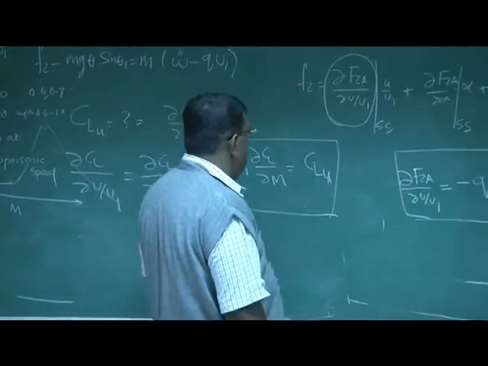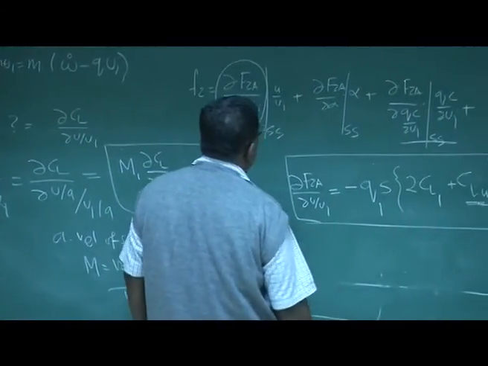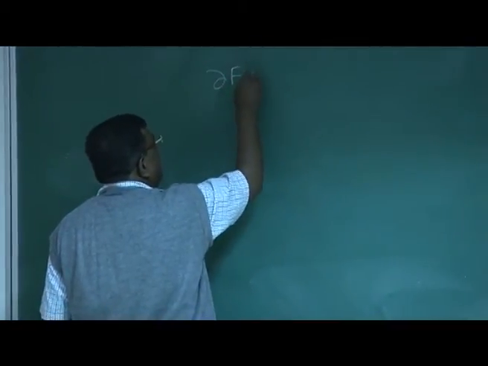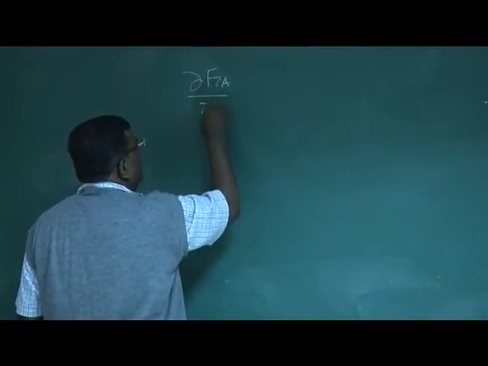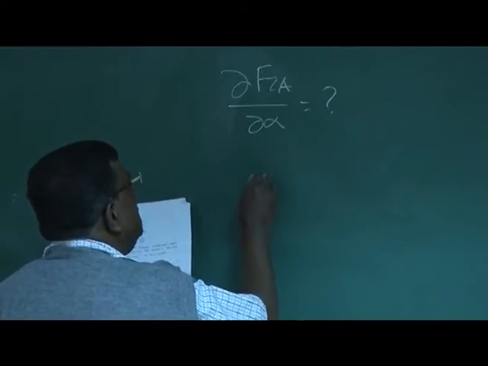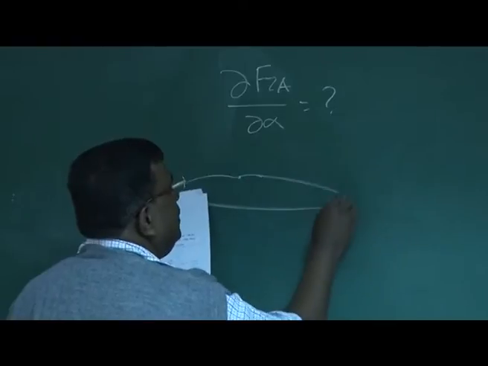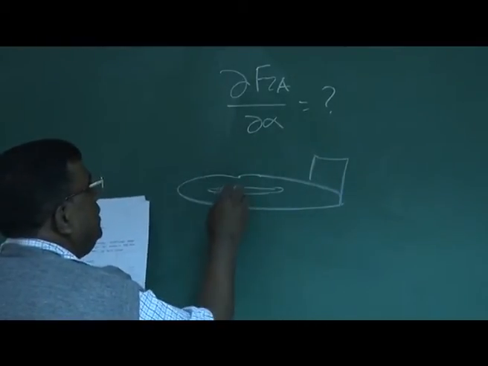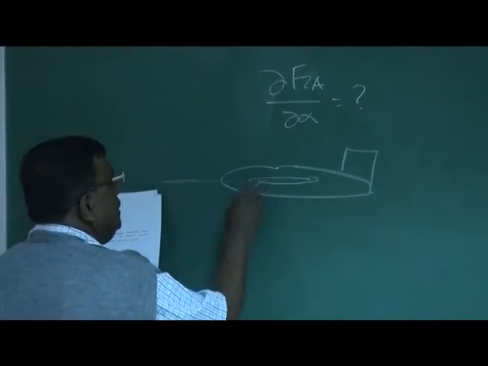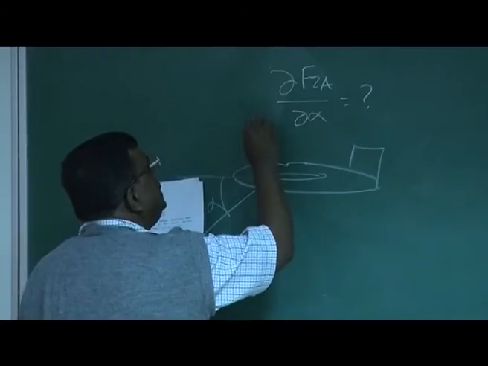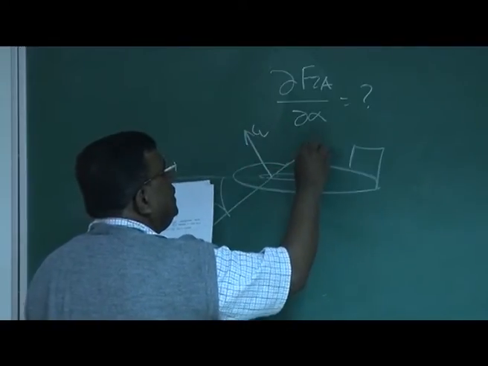So we have understood what dFZA by du by u1 is. Now we'll do dFZA by d alpha. If you recall, when we draw this diagram to calculate dFXA by d alpha, this is alpha, this is CL, and here is CD.